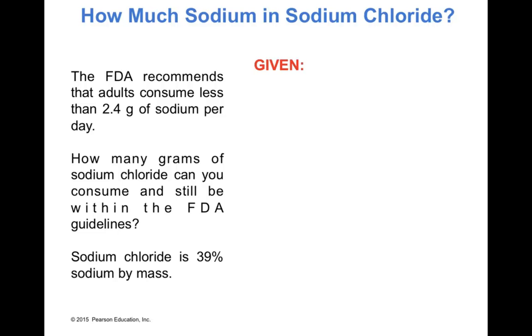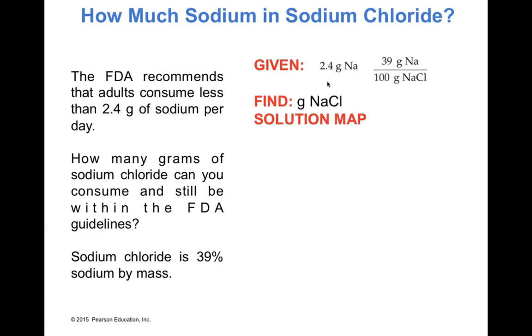So if we need, for example, 2.4 grams of sodium, and we have this conversion factor that says that for each 100 grams of sodium chloride, we have 39 grams of sodium, because the sample is 39% sodium, and we want to determine the grams or mass of sodium chloride, we can use this conversion factor, okay?